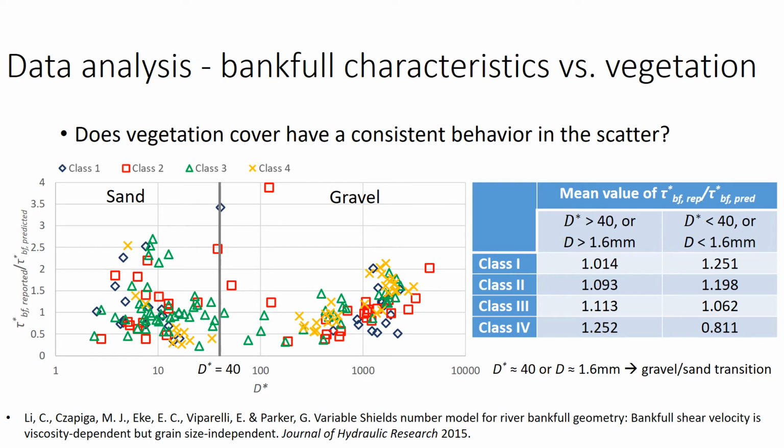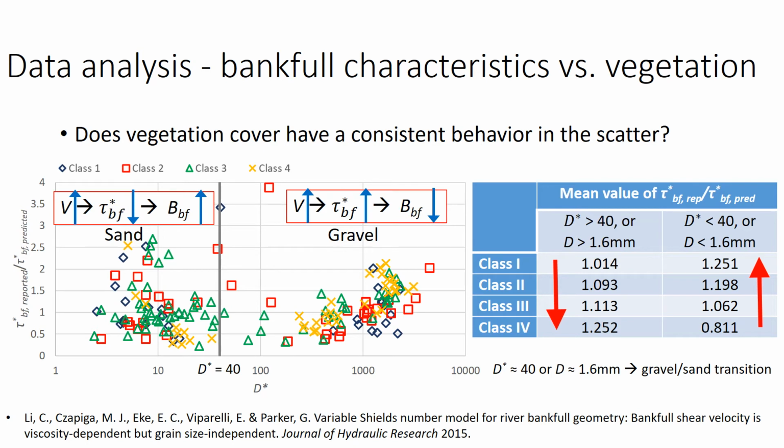The first striking phenomenon is that the ratio depends inversely on the density of the vegetation. In the case of coarser material, if the coverage increases, the Shields number also increases. It follows that the width decreases.